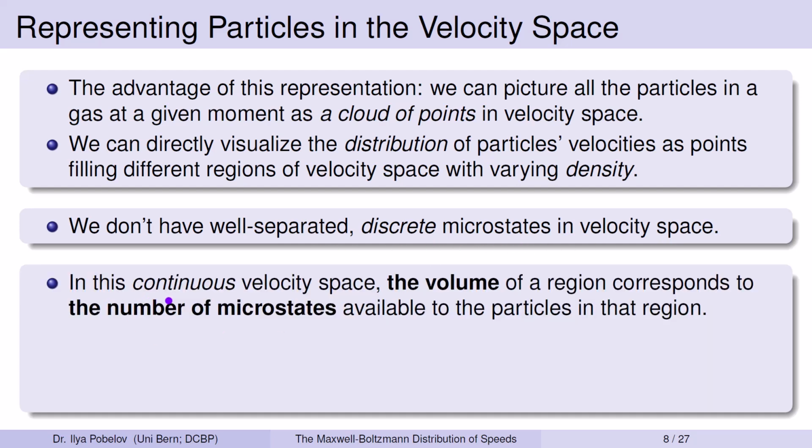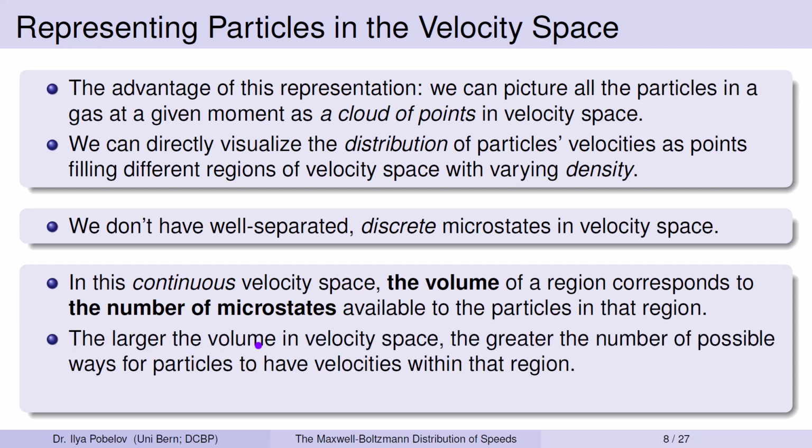In this continuous velocity space, the volume of a region corresponds to the number of microstates available to the particles in that region. The larger the volume in velocity space, the greater the number of possible ways for particles to have velocities within that region.